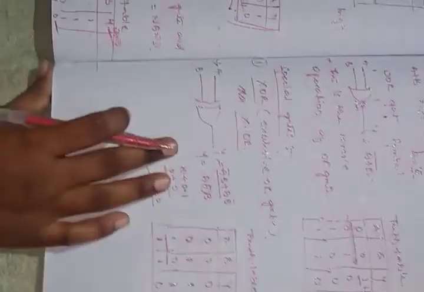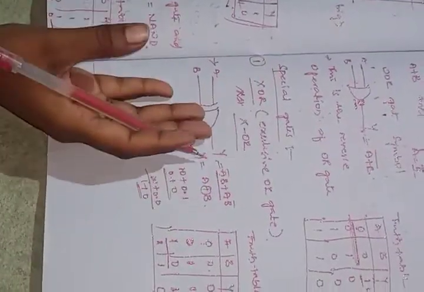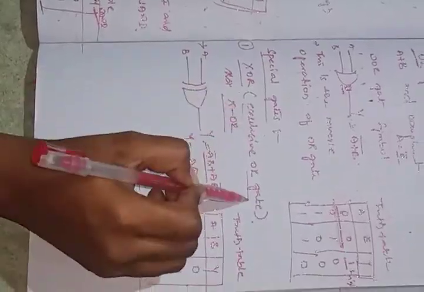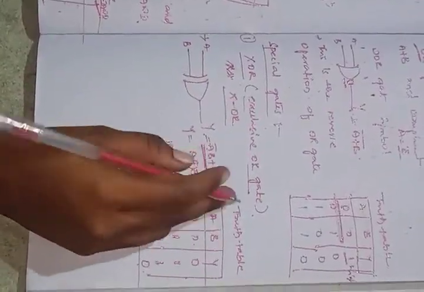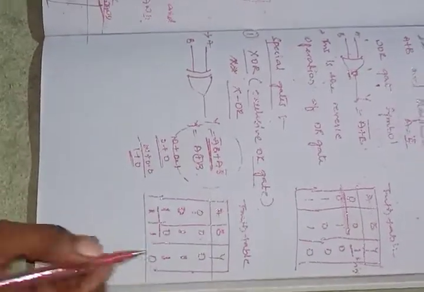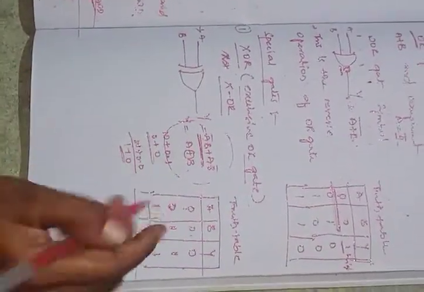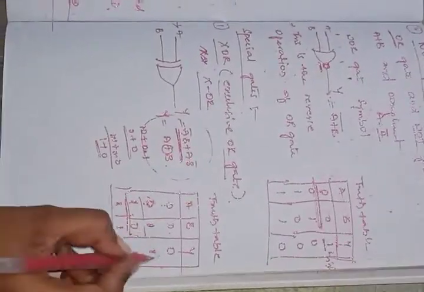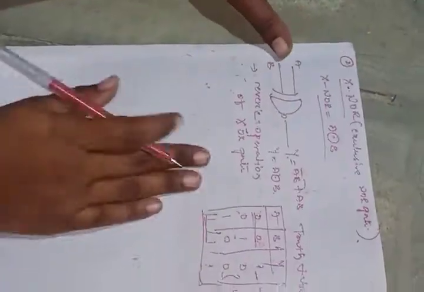And then move on to the special gates. This is the symbol of XOR gate, and it is also called exclusive OR gate. And this is the formula for exclusive OR gate, and this is the truth table of exclusive OR gate. If the two inputs are different, means one input is 0 and another input is 1, then the output is high. Then move to XNOR gate.